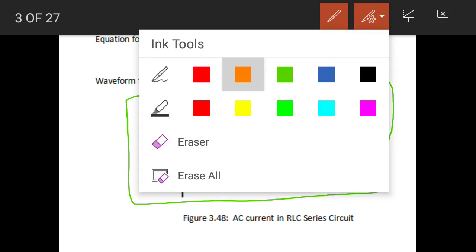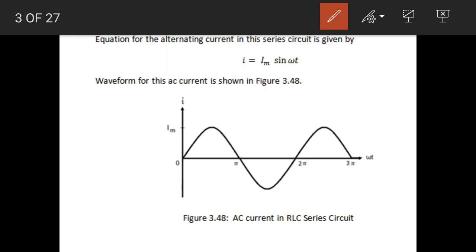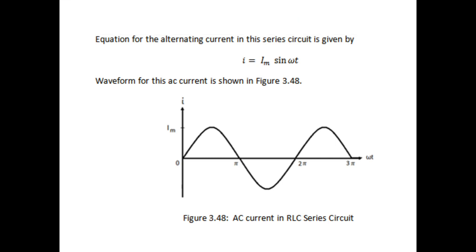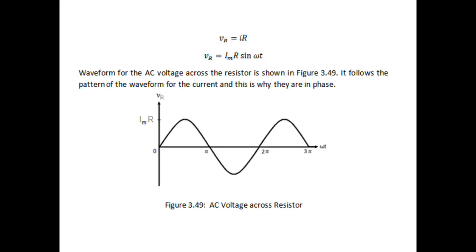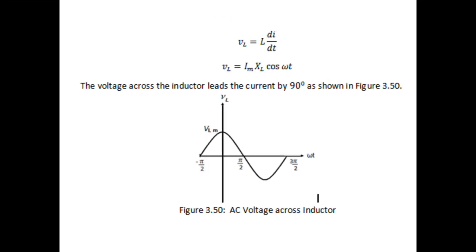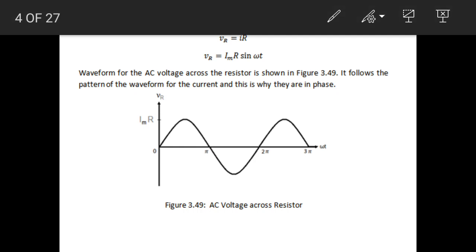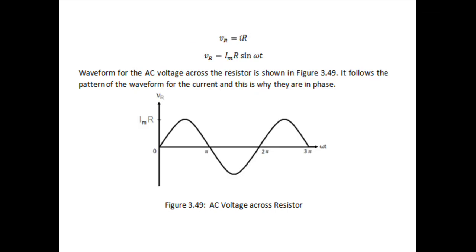So let us discuss the voltage across the resistor. We can find out the voltage across the resistor with the help of Ohm's law. The voltage across the resistor will be equal to IR.